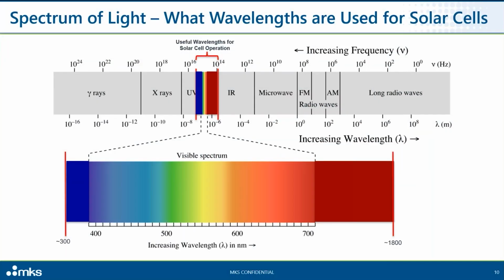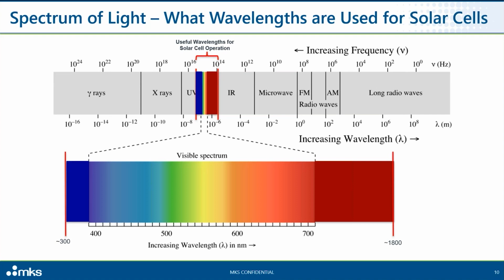So I will apologize to the researchers and PhDs, but we're going to start with the very, very basics here. What wavelengths of light are we talking about for the solar cell? Mostly the visible wavelength, as you can see in the spectrum here. However, we do go down into the UV and slightly into the near IR, as we will see in future slides.